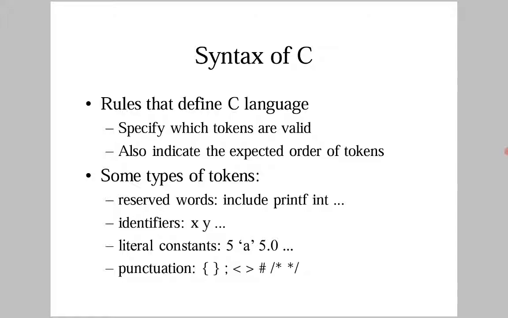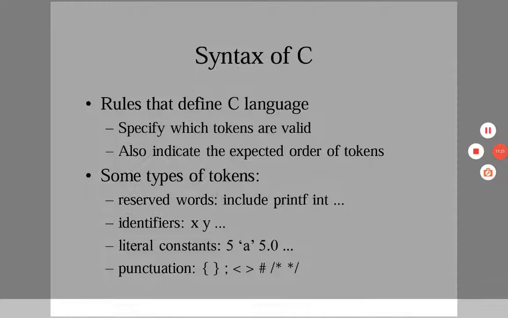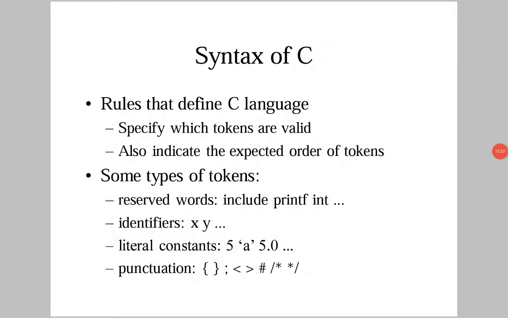So what are C tokens? Reserved words are keywords, identifiers are variables, constants are literals, and punctuation symbols are symbols.